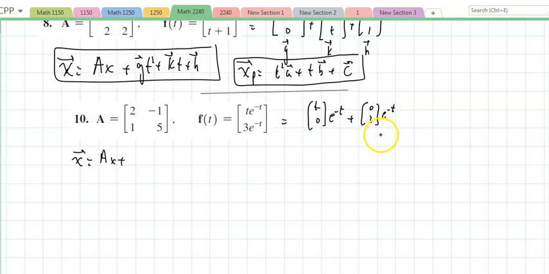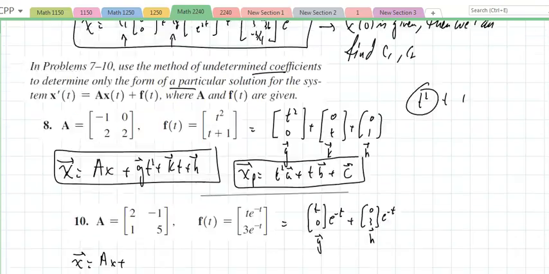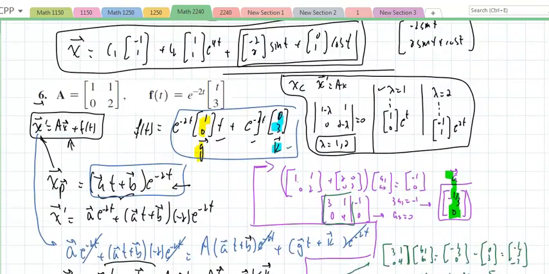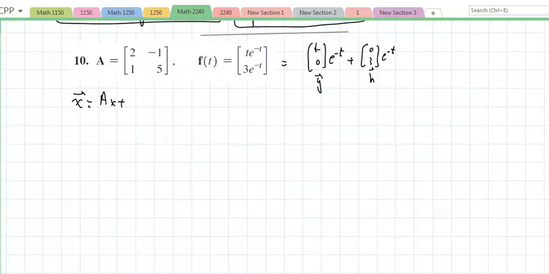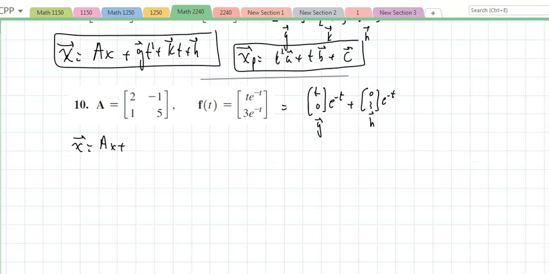Do we see that? If I call this G and this K, this is GT e to the negative t plus K e to the negative t.